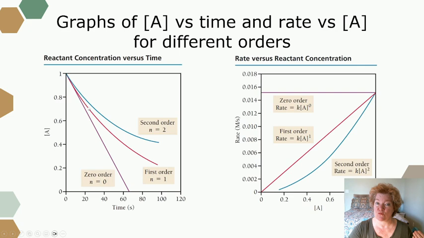At first, the reaction rate is fast, and then it slows down. The same thing is true with second order, except it slows down more quickly, because now it's affected by the concentration squared. So we see that in general with these, if it's first or second order, as the concentration decreases, the rate slows down, which kind of makes sense.